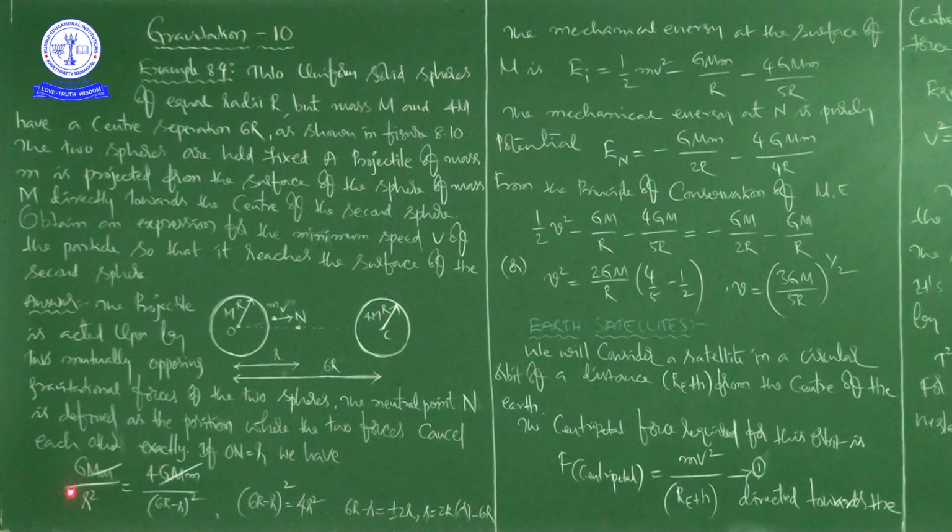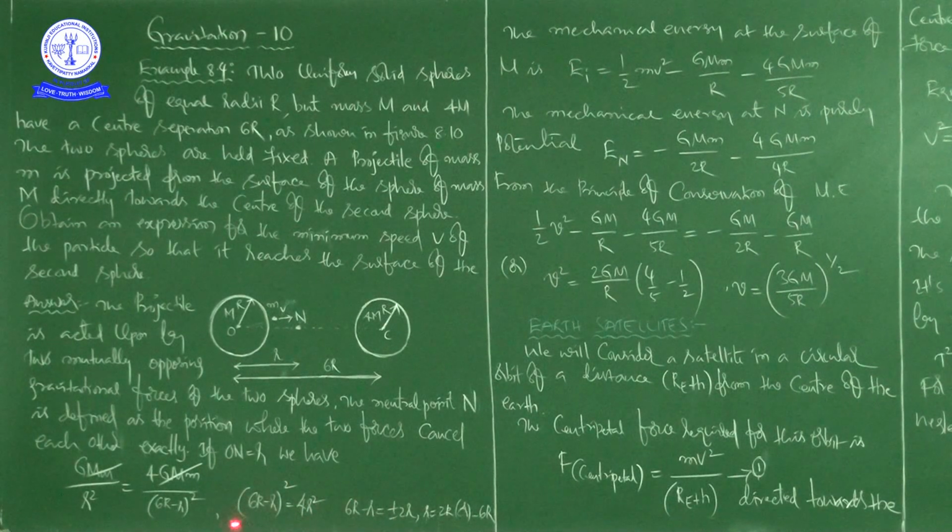So GMm divided by r square is equal to 4GMm divided by (6R minus r) whole square. This will get cancelled. Finally, (6R minus r) whole square is equal to 4r square, which mathematically you can write as (2r) whole square.